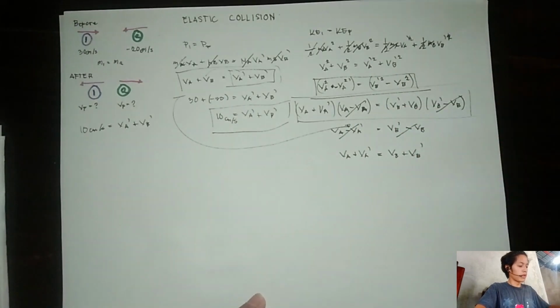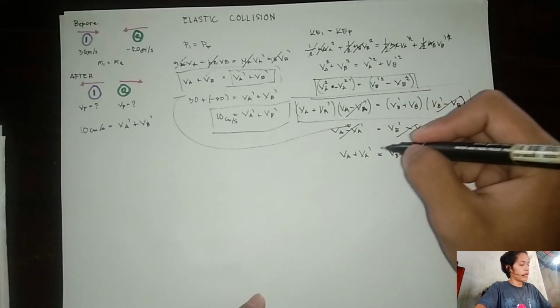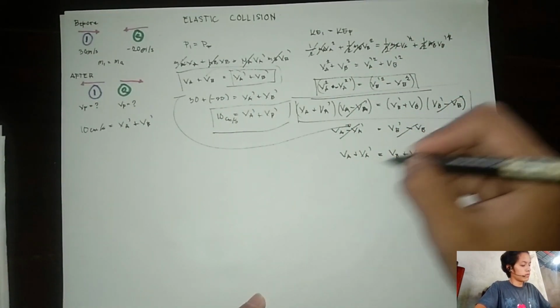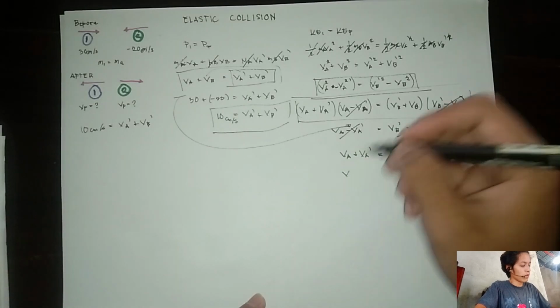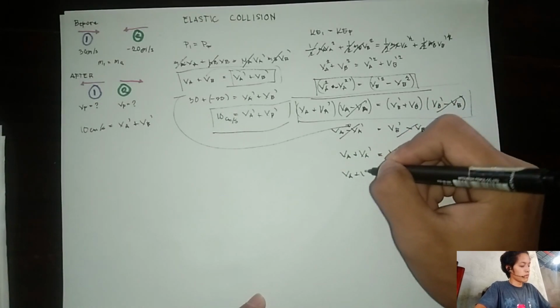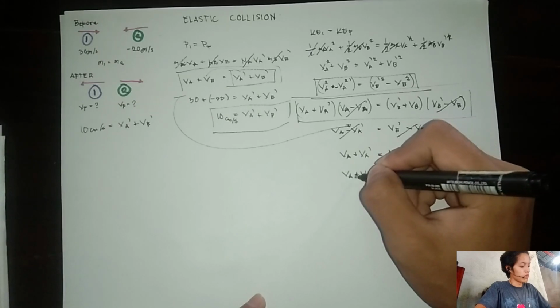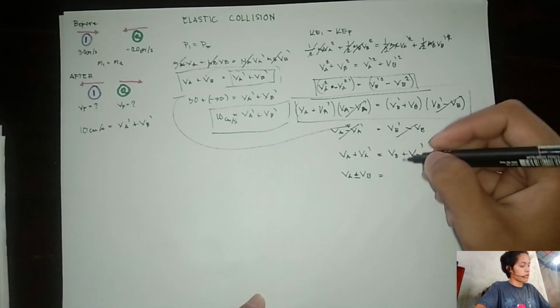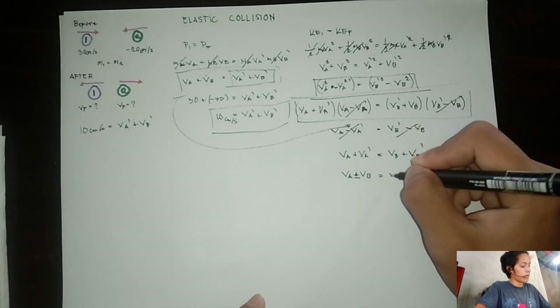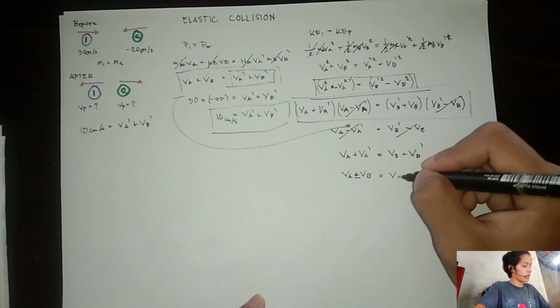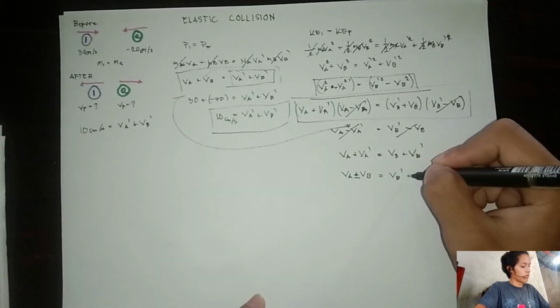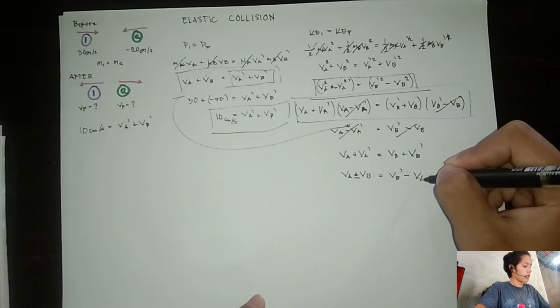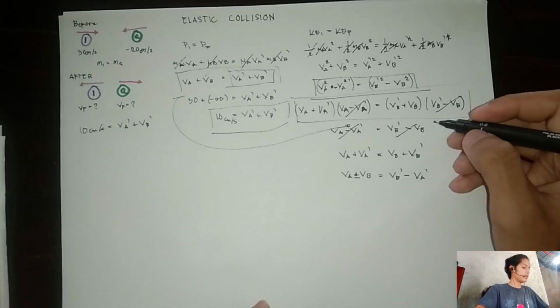Then, ibalik na natin sila sa dati na velocity A plus velocity B minus na to. Minus velocity B is equal to velocity B final minus velocity A final.